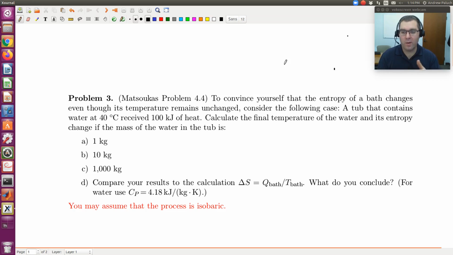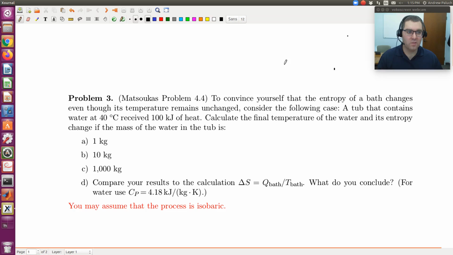So I would expect that as mass increases, the change in temperature essentially goes to zero. What we want to show for all three cases is that even as the change in temperature goes to zero as mass increases, the change in entropy still is non-zero. And then we're going to compare that to our calculation assuming that our tub is a bath, where we just use that constant temperature of 40 degrees C.